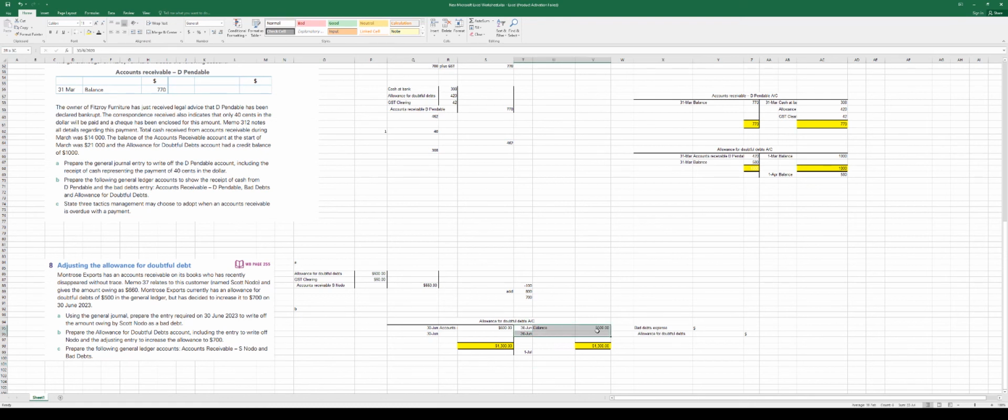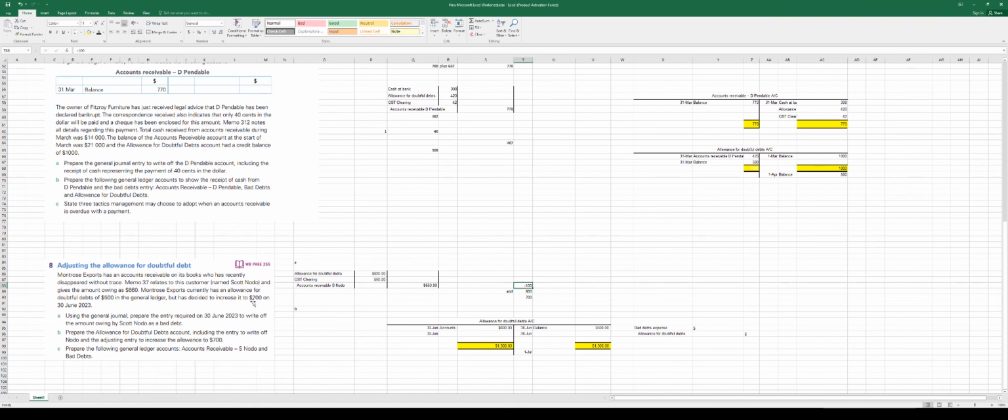So we have the $500 as the balance, but we also notice that during the year, 600 of them turned into bad debts. So we have to record the actual bad debts on the debit side of the allowance for doubtful debts. So we have the balance of 500, 600 of them has turned into bad debts, so basically the balance for the allowance for doubtful debts is minus 100.